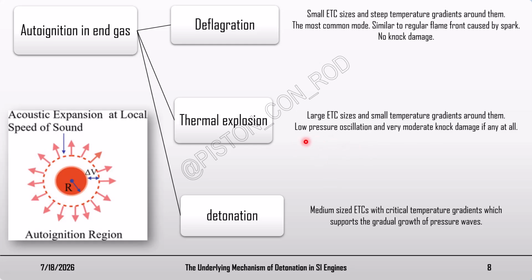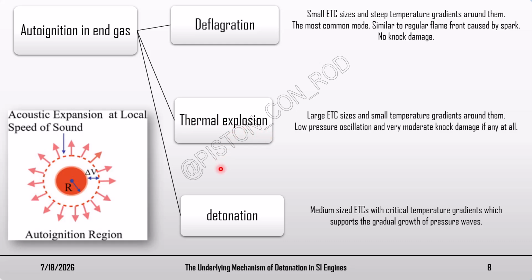So it will develop some low pressure oscillation and very moderate knock damage. Most of the knock that you hear inside the engine is this kind of knock. It resulted from a thermal explosion.